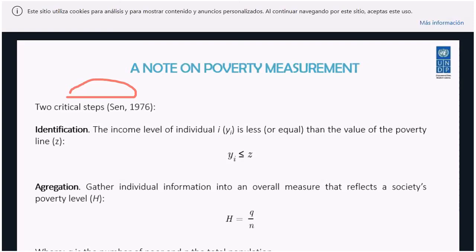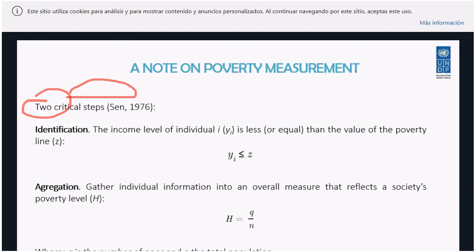And that paper actually set the stage for the subsequent literature we know now. But in that paper, beyond the complexities in the technical axioms and properties of the poverty indices, Sen discussed the two basic steps to measure poverty.